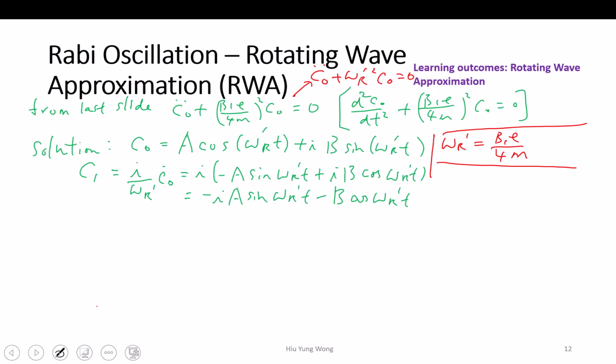But we have a boundary condition. What's the boundary condition? That at t equal to 0, we know that C0 must be equal to cosine theta divided by 2 e to the power negative I phi divided by 2, right?